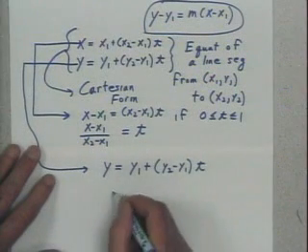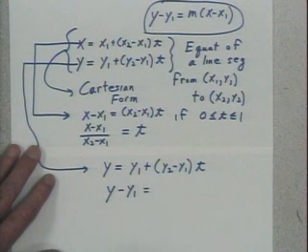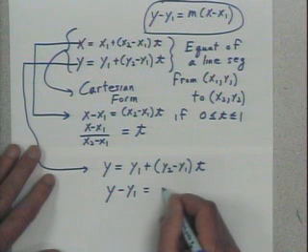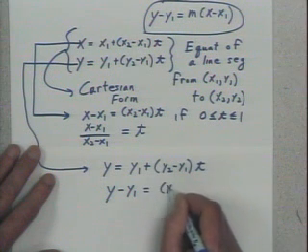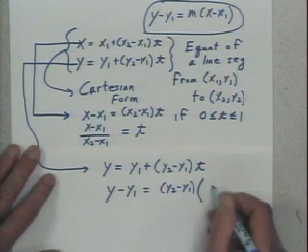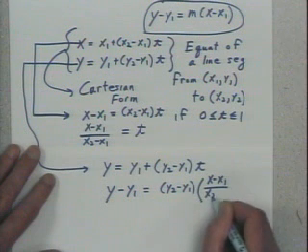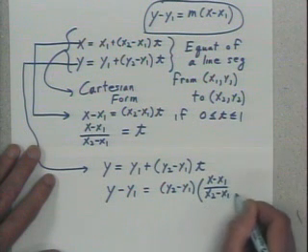Put that t in there and see what happens. Well, I can subtract y1, right? And I can put in y2 minus y1, and then in place of t, I put x minus x1 over x2 minus x1.